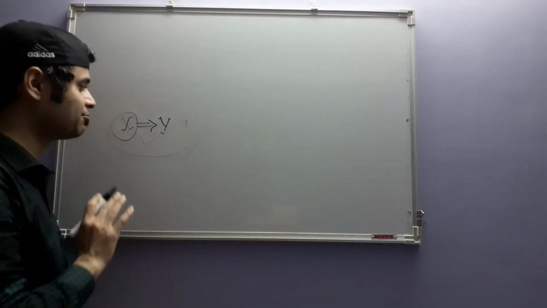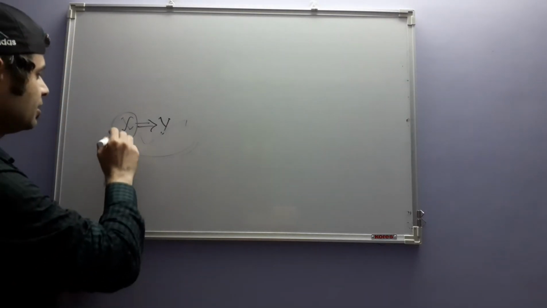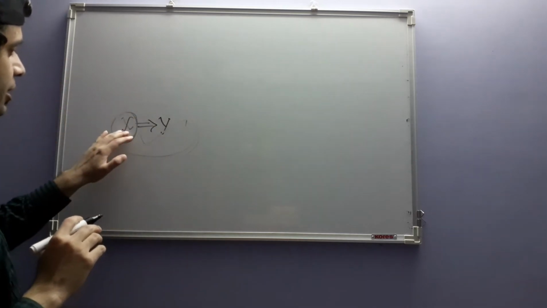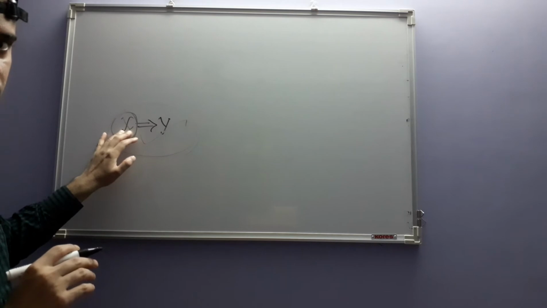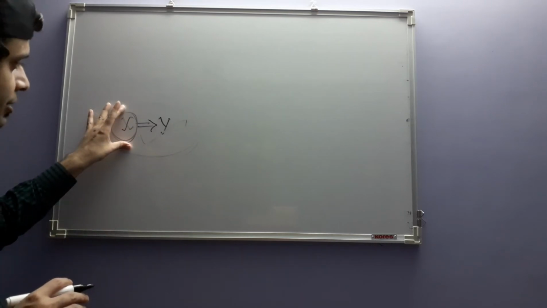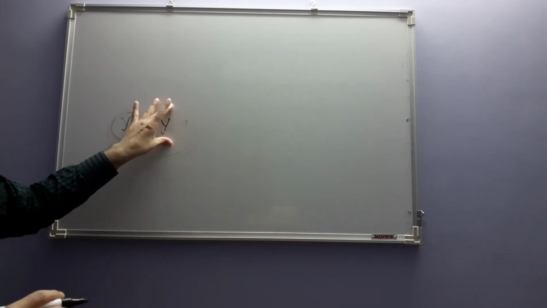Or you can think of it like this. If the situation X is false, you come across this situation that if the hypothesis is false, then whatever the conclusion is, it does not matter.